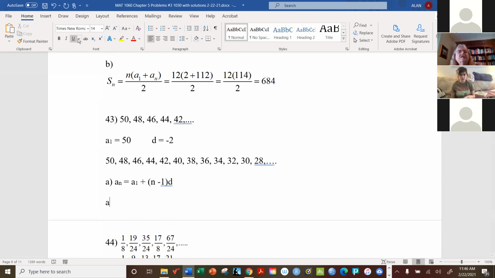So A12 equals 50 plus 12 minus 1 times -2 equals 50 plus 11 times -2 equals 50 minus 22 equals 28. That's right.